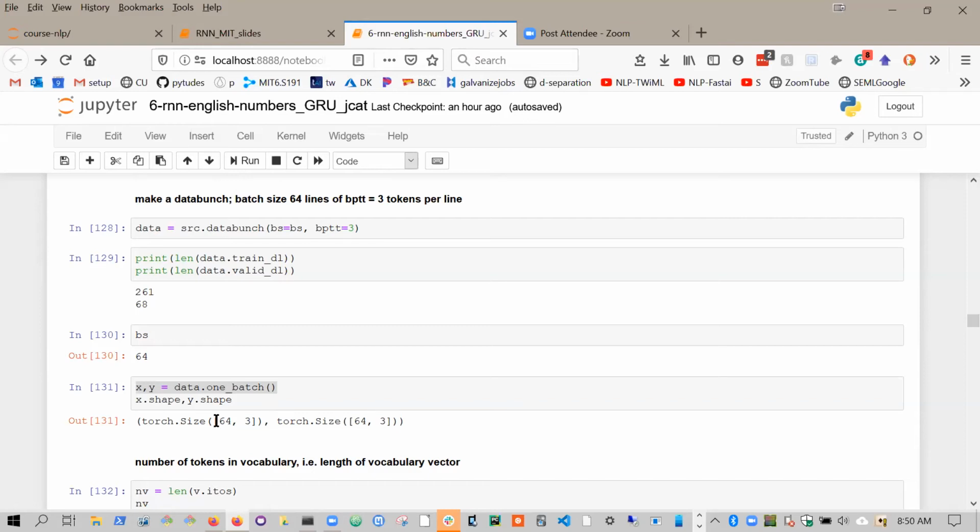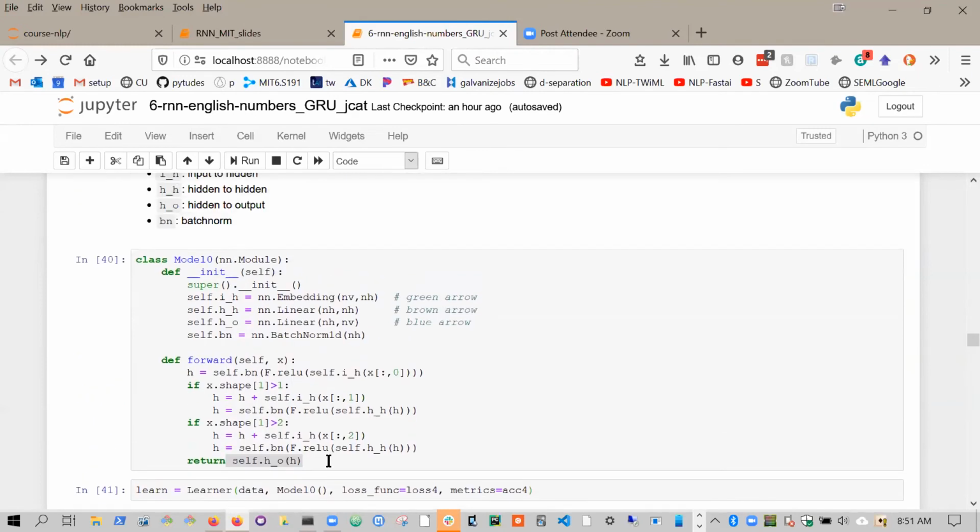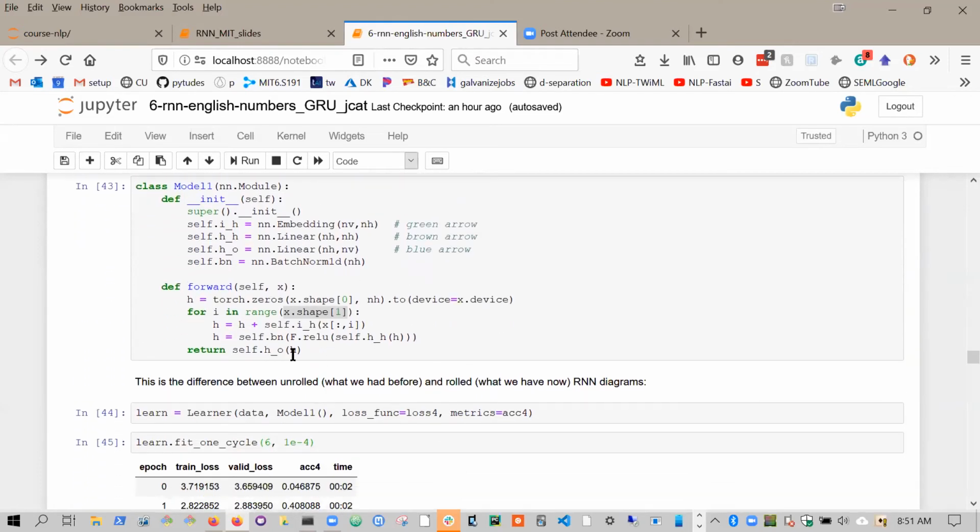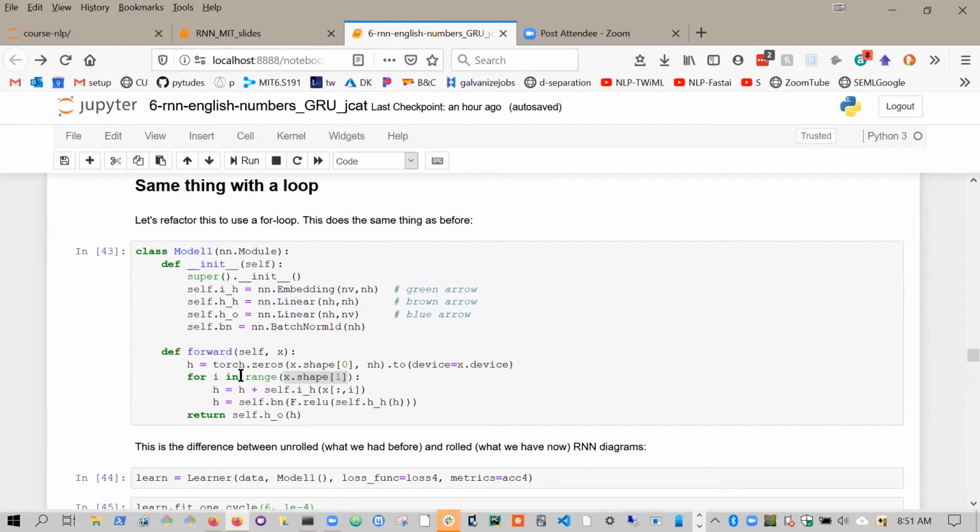So x dot shape is 64, 3, and x dot shape of 1 is 3. It's the length of a line, the number of tokens in a line. So we're going to do this for each token, predict the next one. So we have to loop through the number of tokens in the line, and that's what we're doing here, for i in range of x dot shape 1.